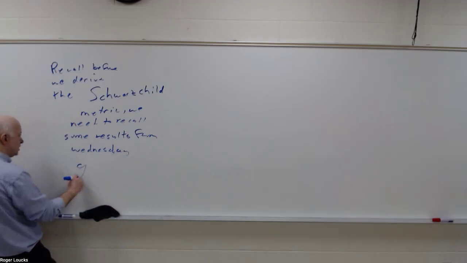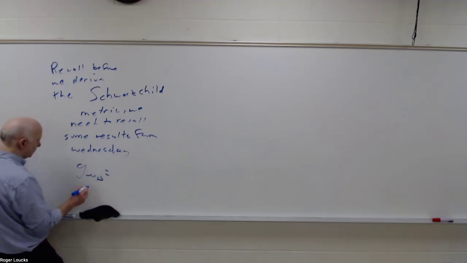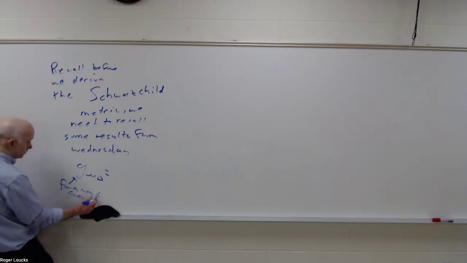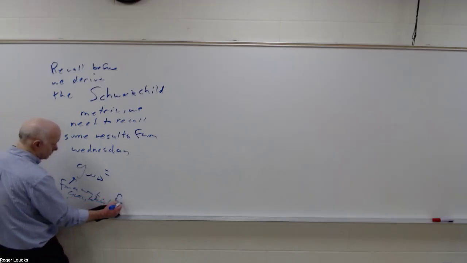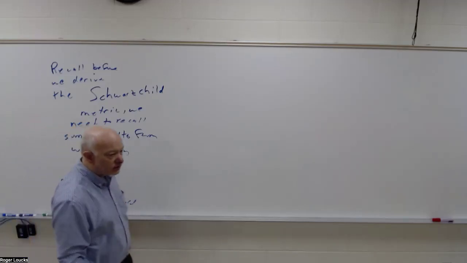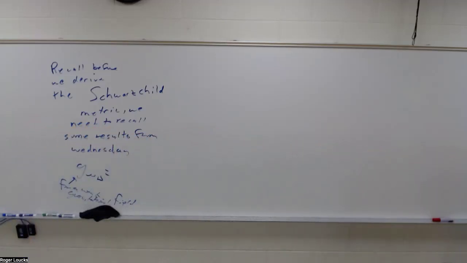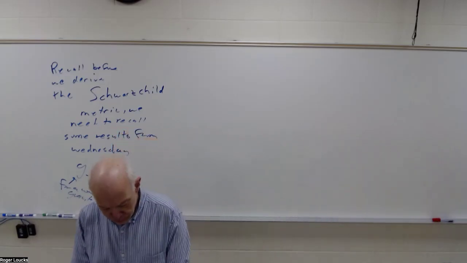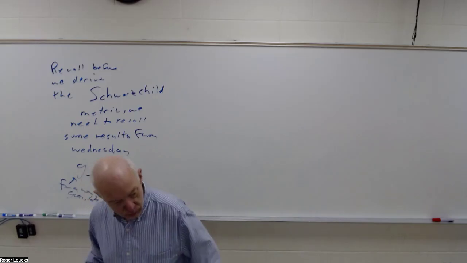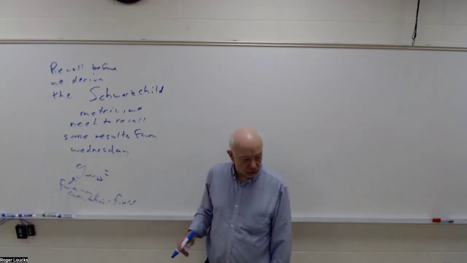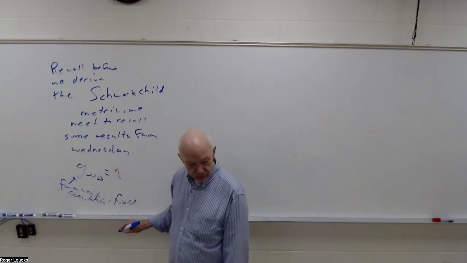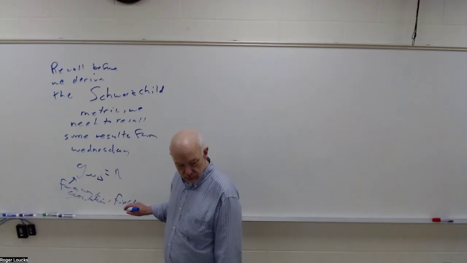Okay, so remember we had g mu nu. We said this was for a weak gravitational field. What did we say this was for a weak gravitational field? That's two terms. Eta mu nu.